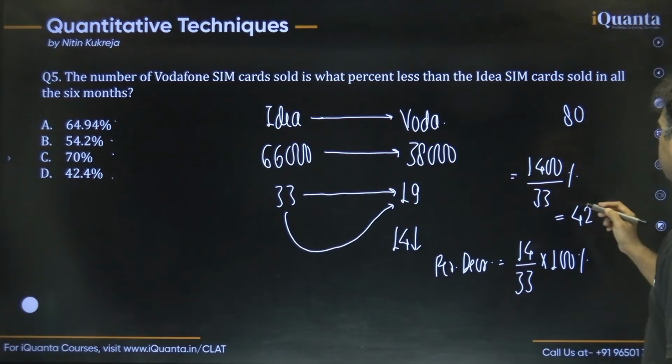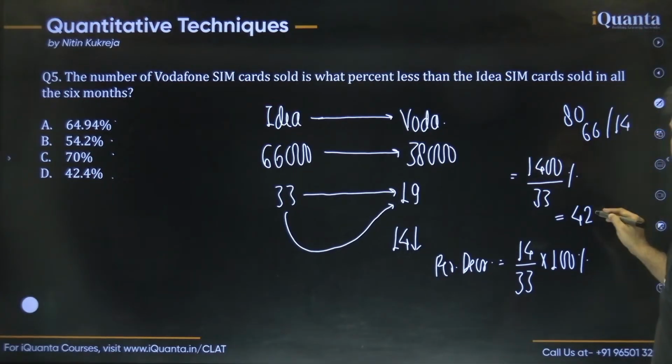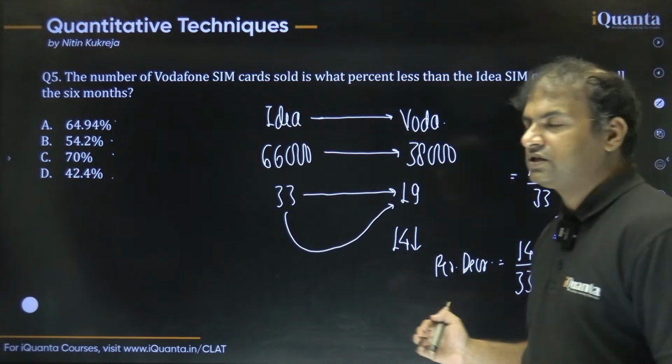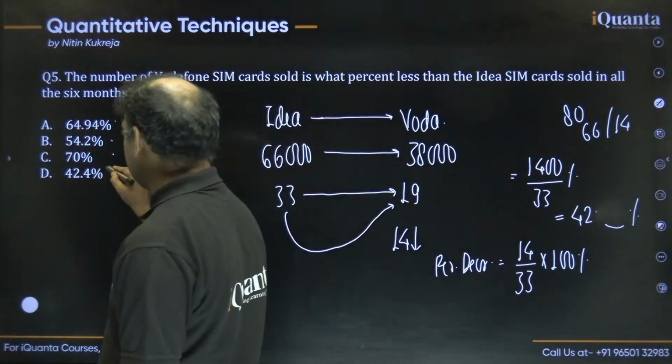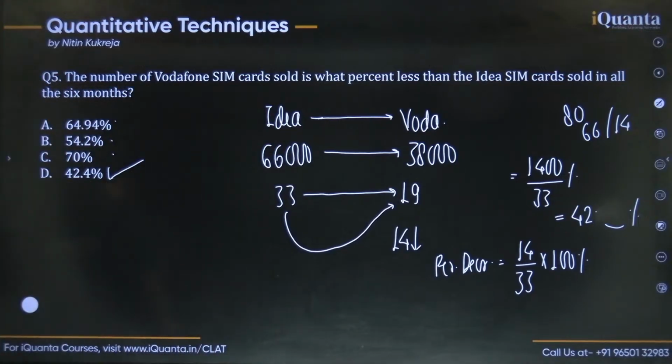Then 2 times 33 is 66, and then we have 14. So we got 42 point something; we do not need to calculate further. That means the right choice is option D. Simple. You don't need to calculate it further.